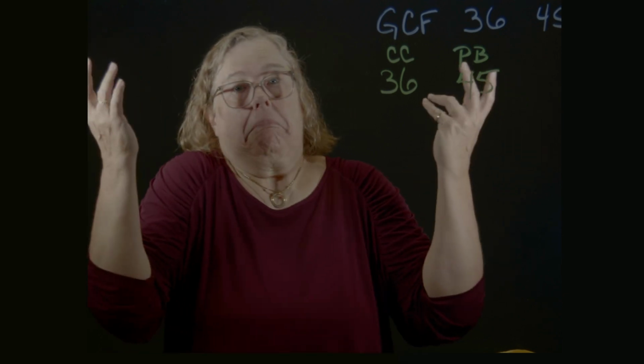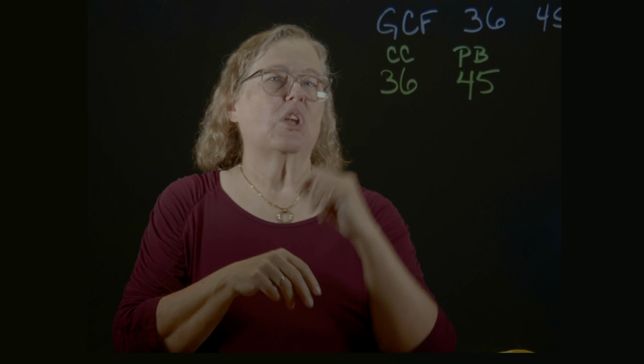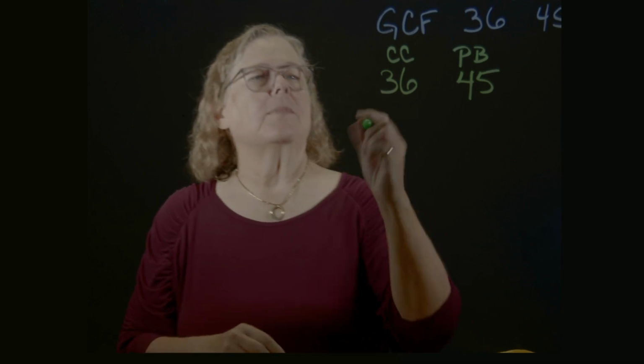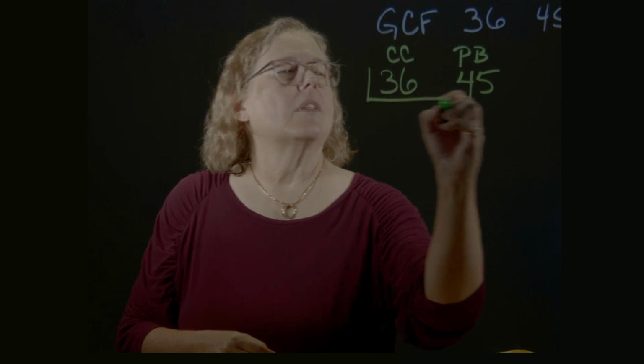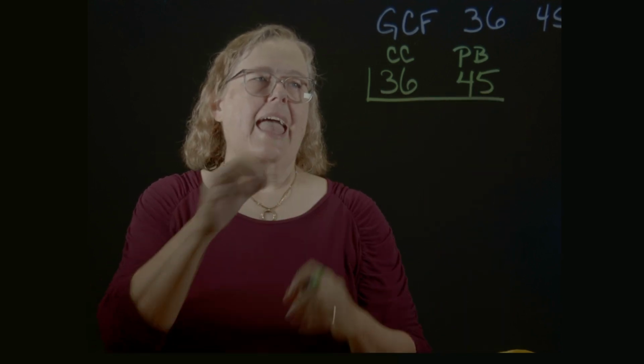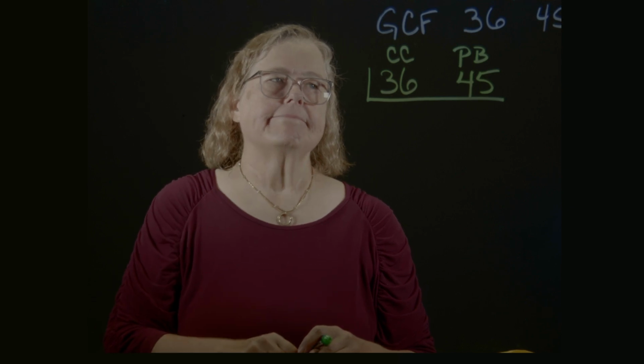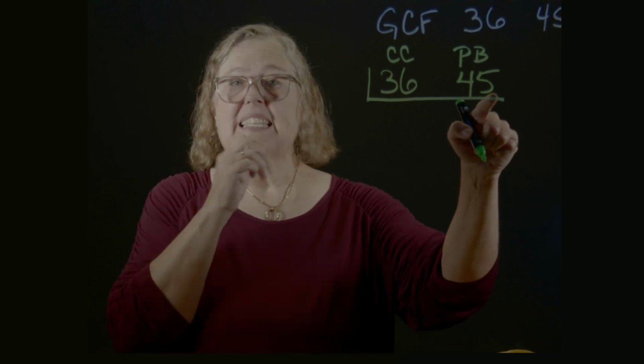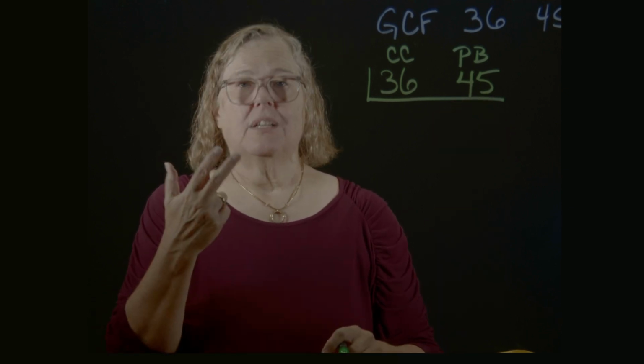Well, I don't know. We can figure it out. We're going to use greatest common factor. All right, watch this. What number goes into 36 and 45? Does 2? Nope, it's not even. Does 3? Sure does.